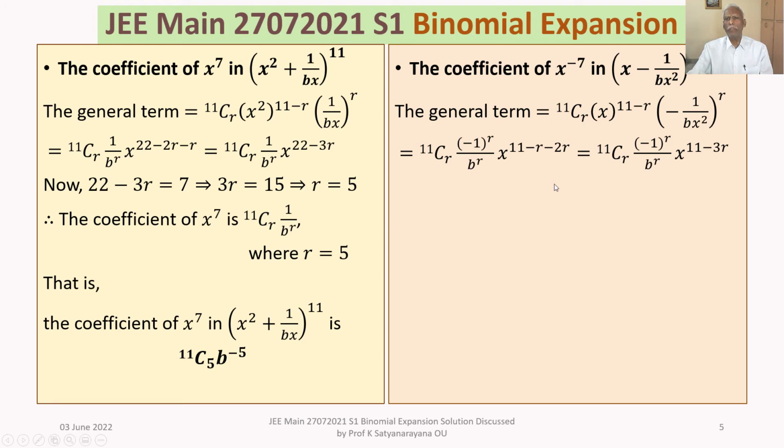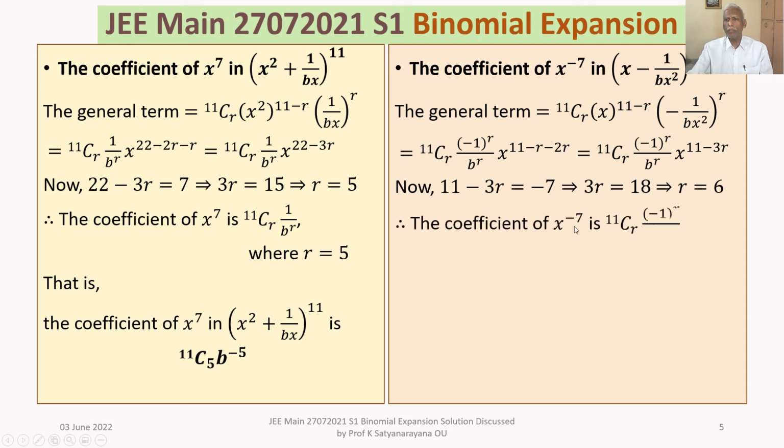And if we want the coefficient of x to the power of minus 7, the exponent of x, that is 11 minus 3r, must be equal to minus 7. That will give you 3r is equal to 18. That will give you r is equal to 6. Therefore, the coefficient of x to the power of minus 7 in the second expansion is 11Cr into (minus 1) power r by b power r, where r is equal to 6.